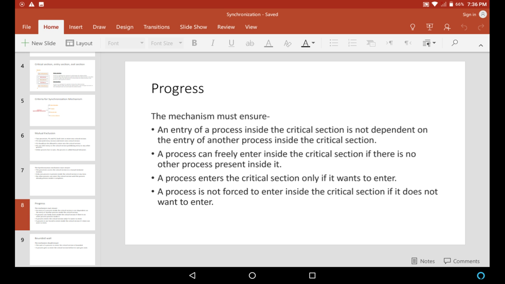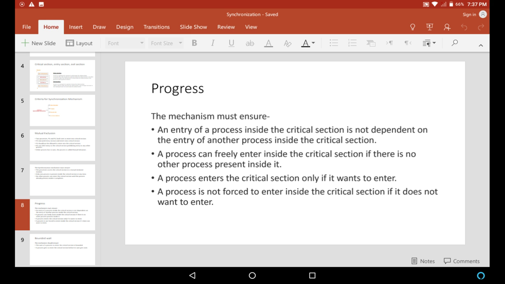For this, the entry code of P2 is written purposely so that it can block P1 from entering into the critical section. Okay, so this is what affects the progress. This happens vice versa also, that is, affecting the progress of each other. P1 can block entry of P2 into critical section, or P2 can block the entry of P1 into the critical section. It is affecting the progress of both of the processes.